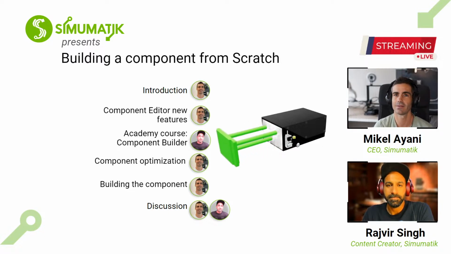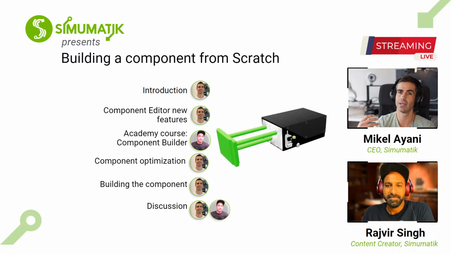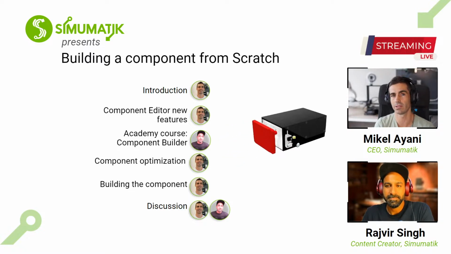And then, of course, I would say the most important thing is usually the behavior, how you model the component's behavior, and you do it using a Python script. The behavior can be super complex or very simple, depending how you want to model this component.